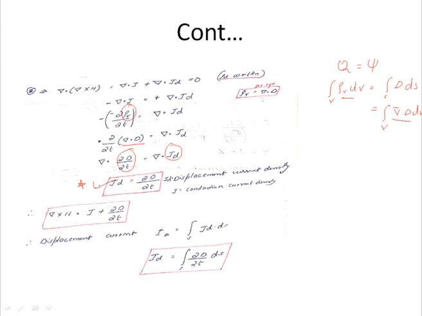So this is the modified equation, known as modified Ampere's law. Del cross H is equal to J plus dou D by dou T. So displacement current ID can be written as the surface integral of JD dot ds, right? So ID equal to surface integral of dou D by dou T into ds, because this is JD, that is the displacement current.